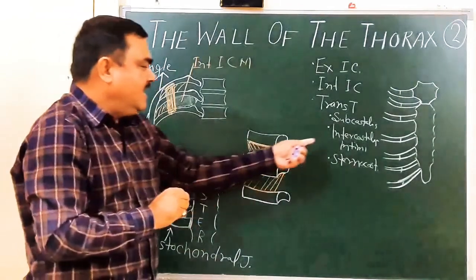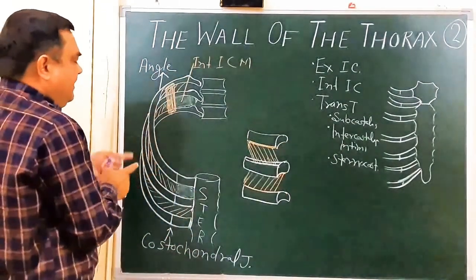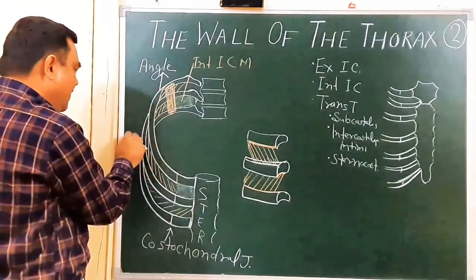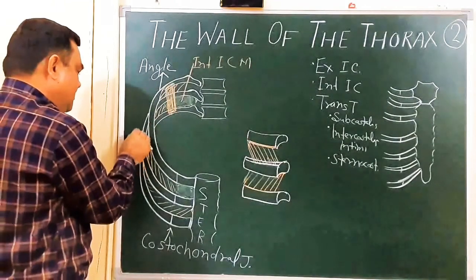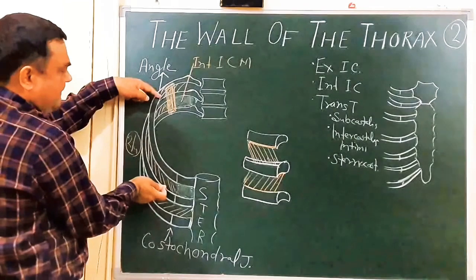Another muscle, intercostalis intimi. It extends about the middle 2/4 of the intercostal space. That means from here to here.